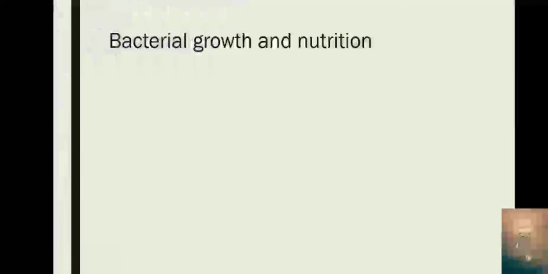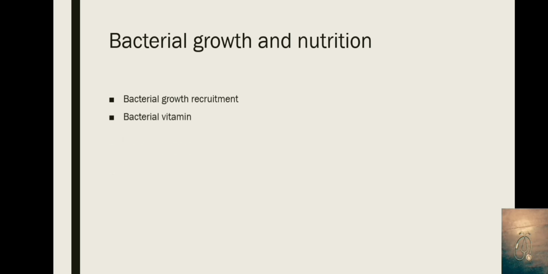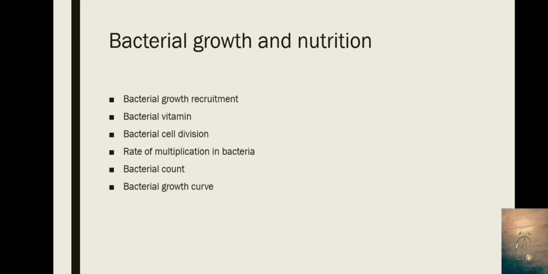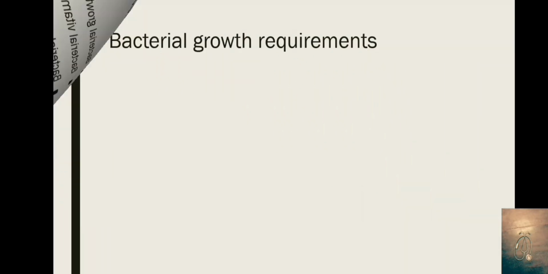Even though it is a learning objective of the physiology of bacteria, it contains some other subtopics: bacterial growth requirement, bacterial vitamin, bacterial cell division, rate of multiplication in bacteria, bacterial count, and bacterial growth curve. That's it. First, we will see bacterial growth requirement.